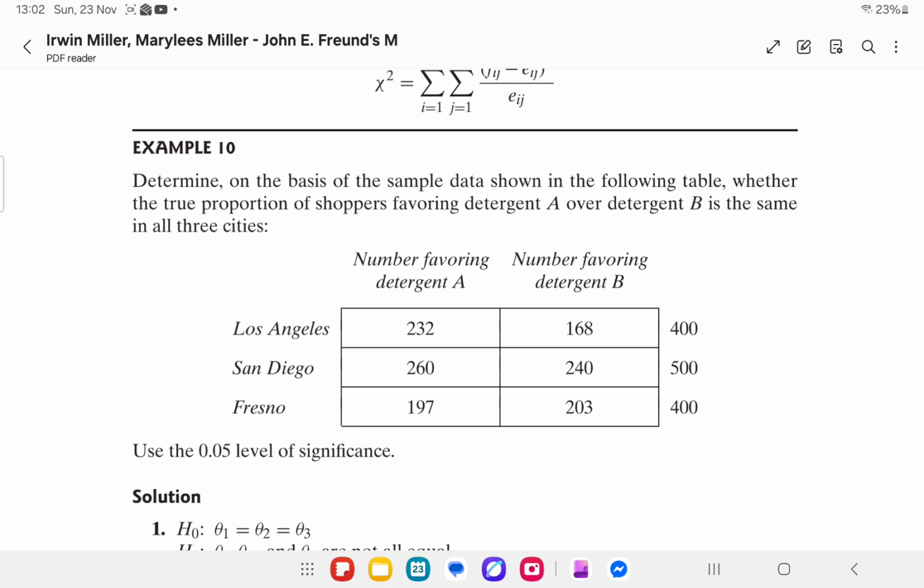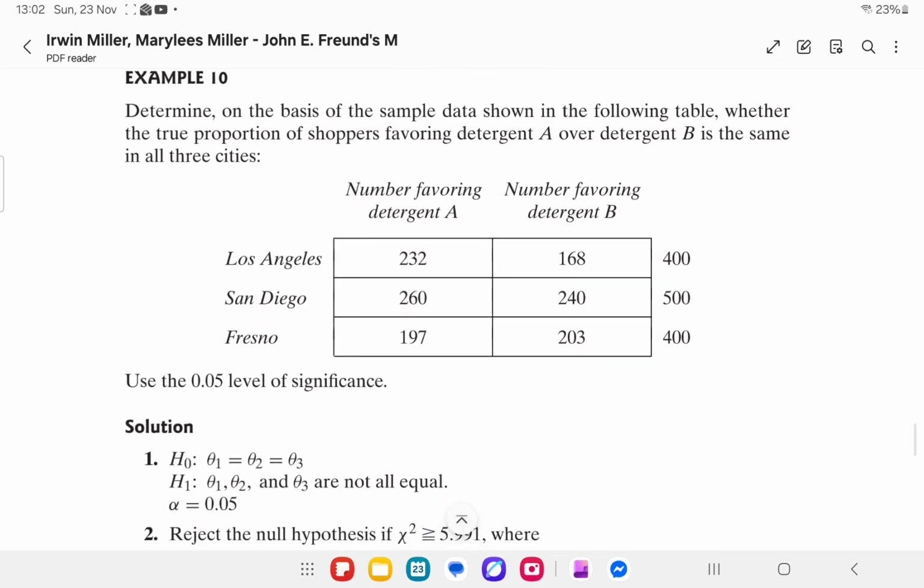And we have to test the claim that the shoppers favor detergent A over B. Which means that first of all we have to form the hypothesis.